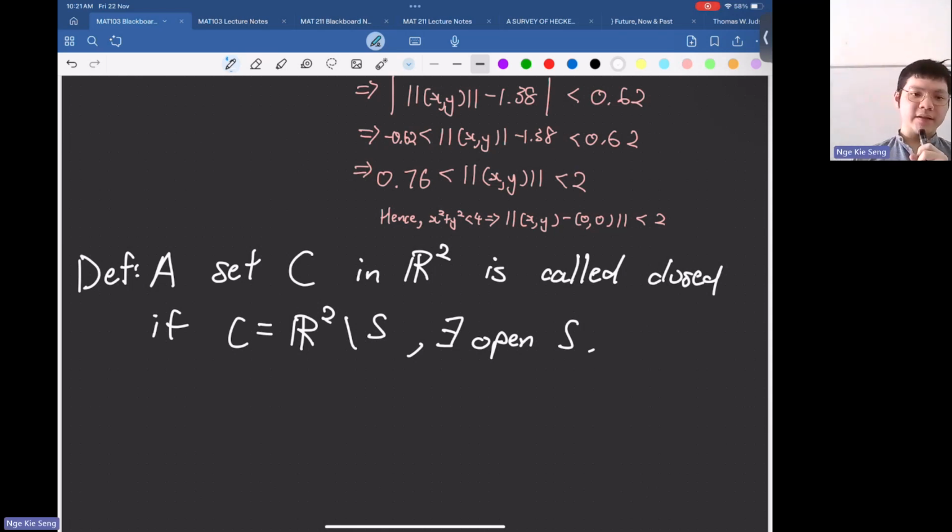Yeah, so we'll say that C is closed if it is a complement of an open set.